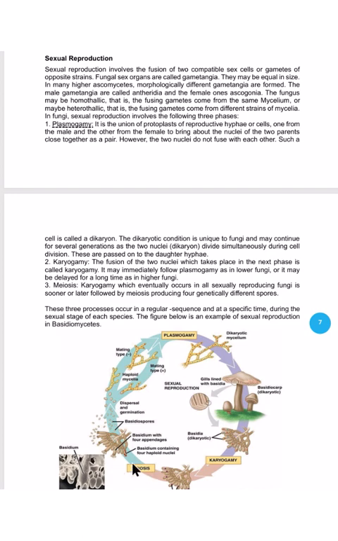So this hypha divides to give, as you can see here on the top, four cells, or four basidiospores. And these basidiospores, of course, can go into sexual or asexual reproduction according to the type of fungus. But we are speaking here about the sexual. So this again gives rise to hyphae and mycelium, and then this continues the cycle of sexual reproduction.